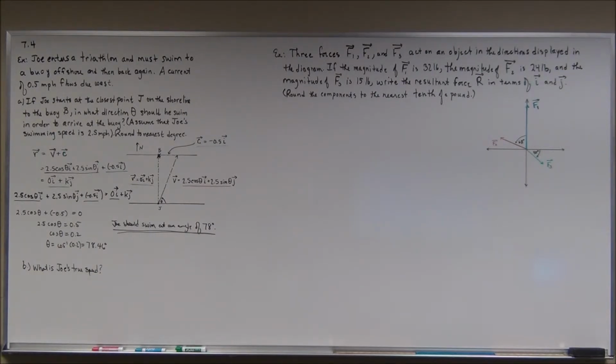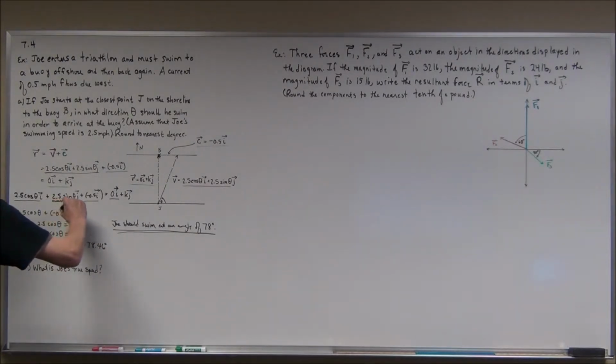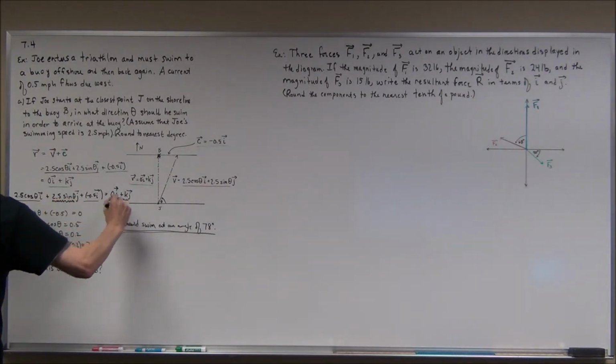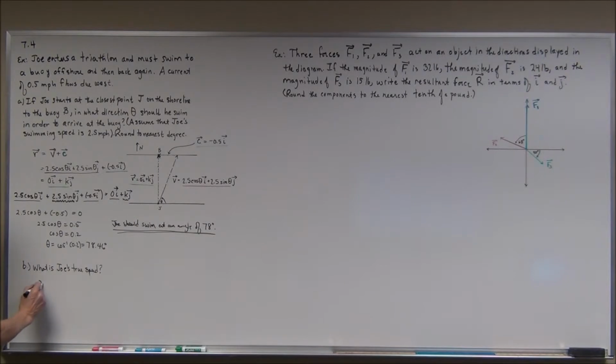Well, Joe's true speed, I'd be taking this and set it equal to this. So I would have 2.5 times the sine of theta is equal to k, but we know what theta is now. I can plug this right in here, and I get 2.5 times the sine of 78.